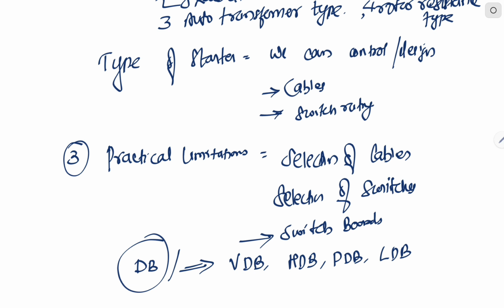So up to what load capacity we can go for the distribution board, and depending upon the capacity of the motors or depending upon the rating of the load, we can go for the switchboard and everything. There will be some kind of design parameters, criteria, practical limitations. We will go into detail in further classes.